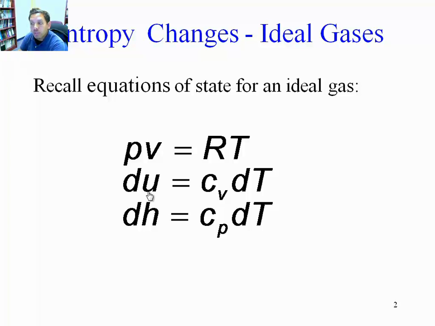Recall also that the change in energy is equal to the specific heat at constant volume times the change in temperature, and the change in enthalpy is equal to the specific heat at constant pressure times the change in temperature. This is in differential form, and it can also be done in finite form. So if you want to calculate the change, not the differential of energy, but the change of energy, you would have to integrate this.